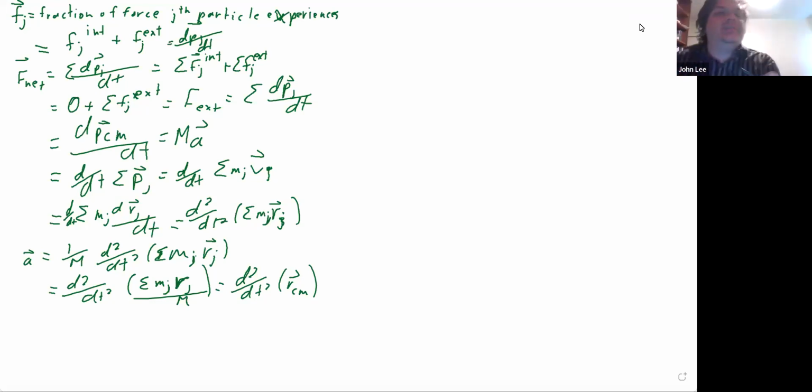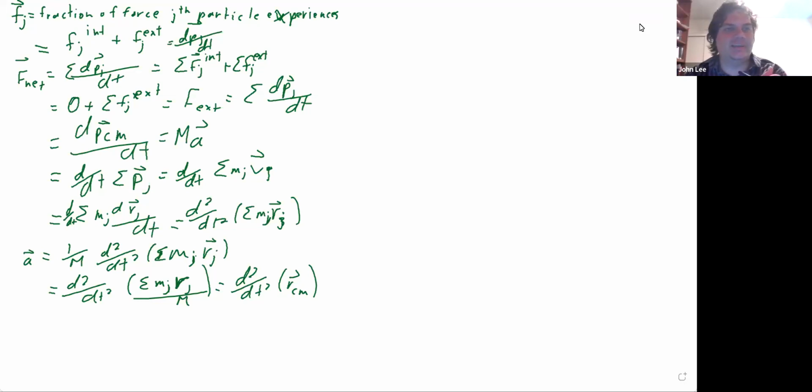So first thing that we do is note that instead of being a single particle, most objects are made up of multiple particles, millions and billions of particles that can all move with respect to each other, change with respect to each other, have internal forces.